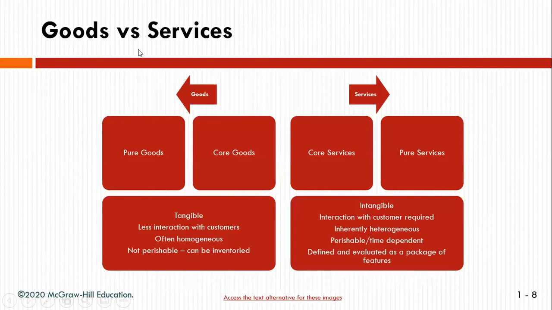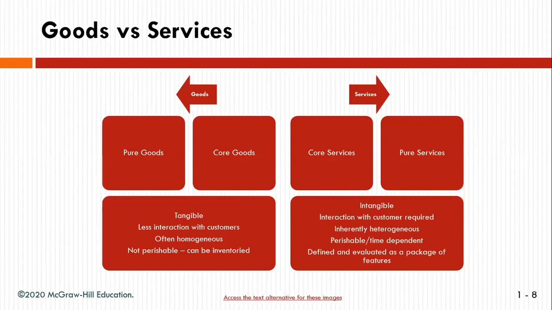Now, the product in general. Any company provides two types of, shall I say, good and service, or a mix between them. You have the pure good and you have the extreme pure service.